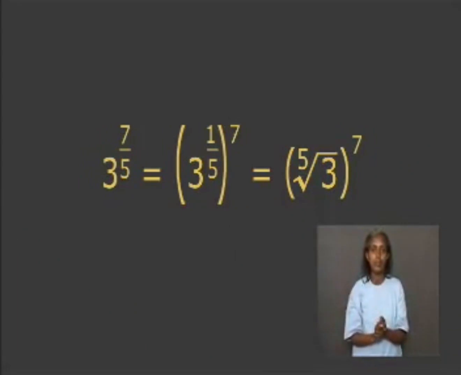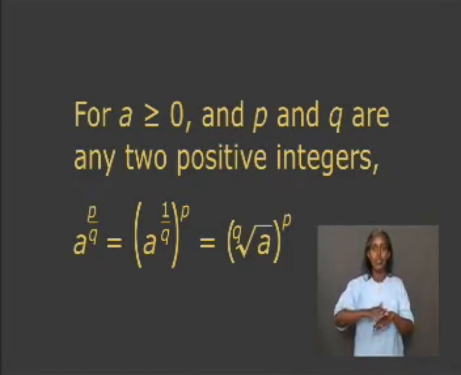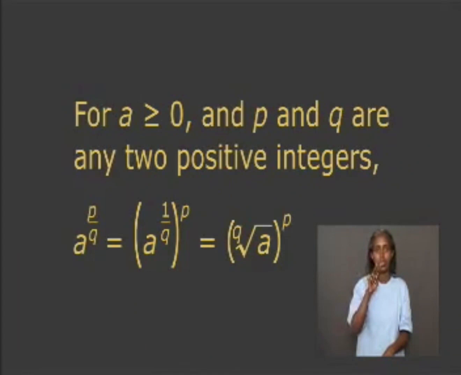To simplify this, we write the fifth root of 3 to the power of 7. This definition holds true when a is greater than or equal to 0, and p and q are any two positive integers.